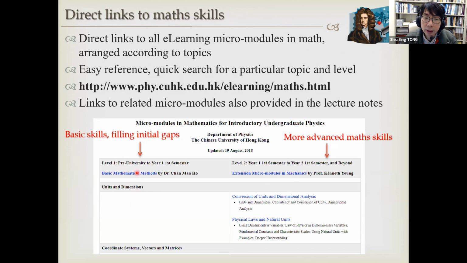These are the pre-university to year 1 mathematical skills. So if you forget some basic skills, for example, calculus from your high school, then you are welcome to see these micro modules to review the basic skills.